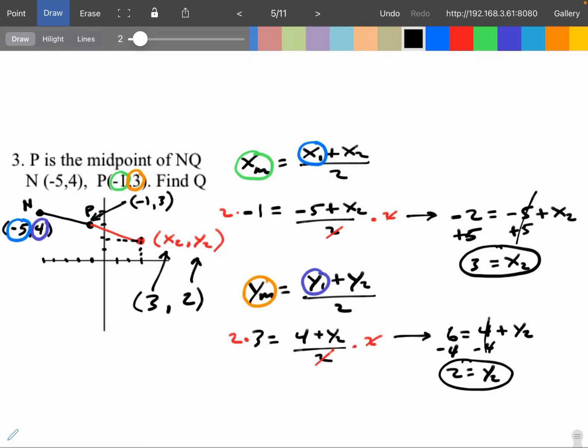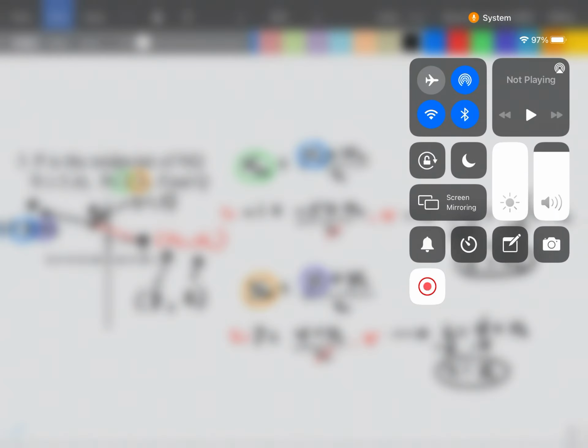That's a 2. So it's 3, 2. Does that fit with my picture that I drew? I didn't draw it very well, but can you guys see that would work? It's at 3, 2, so that would be 3 to the right and 2 up, which would put me right there.